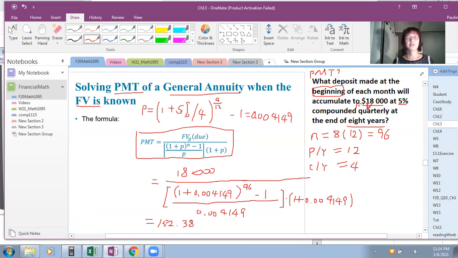Okay, so this is how you solve for PMT 3 methods, calculator, Excel, and formula.